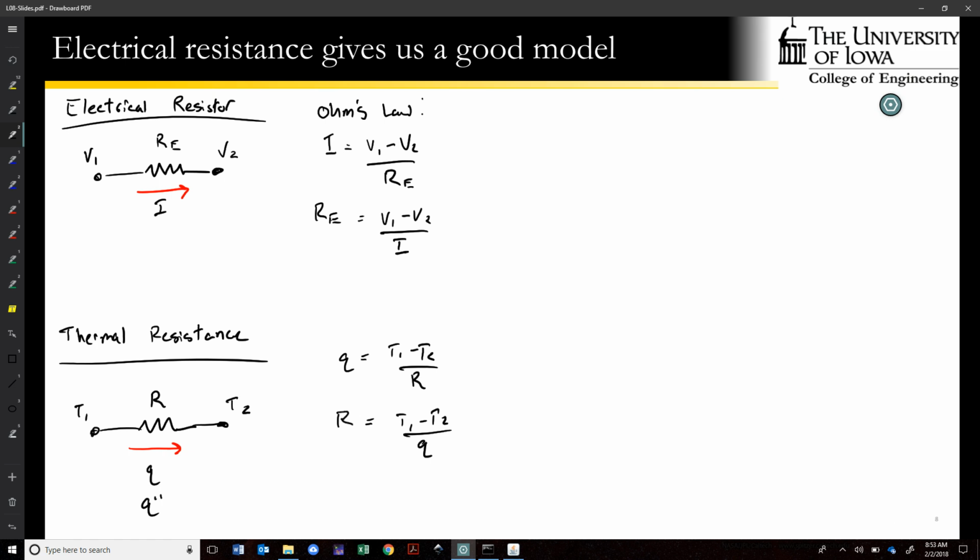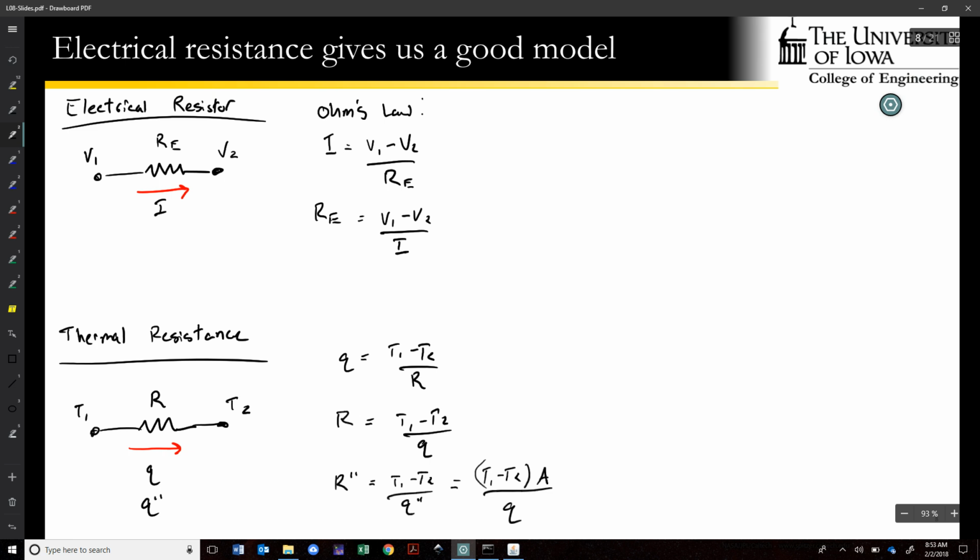But if we don't have information about the surface area of some object, sometimes it works better to work in heat flow per unit area, which is our flux resistance. Then it's just equal to T1 minus T2 over Q double prime, and the Q double prime over Q is just A. So this works out to T1 minus T2 times the surface area over Q.